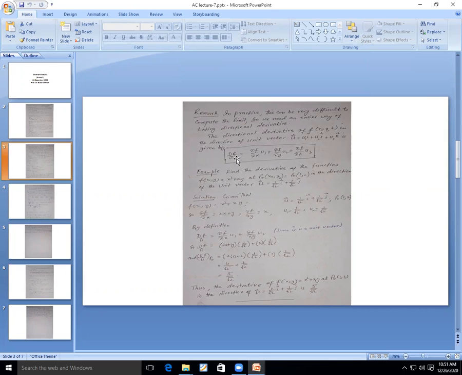The concept is made clear by the following example.